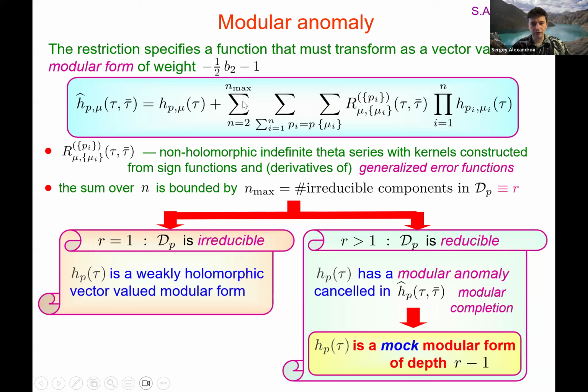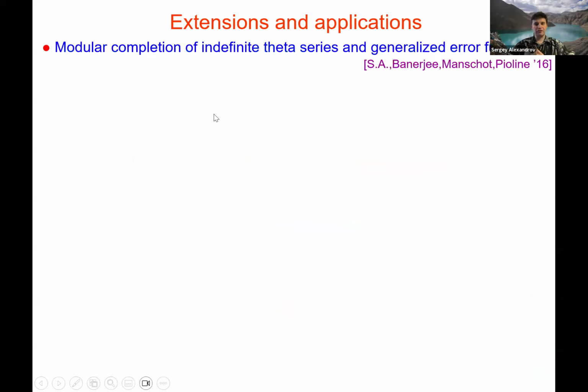But before I show you how this anomaly equation can be solved, let me also mention that this anomaly equation already has many extensions and applications. Well, the first application actually appeared in the process of deriving this equation, because in this process we solved a long-standing mathematical problem: how to construct modular completions of indefinite theta series. This problem had a solution in the case of Lorentzian signature, where you have just one minus in the signature of the quadratic form which defines the indefinite series.